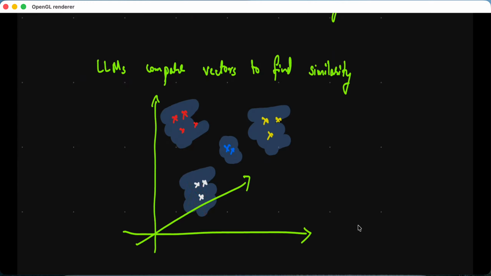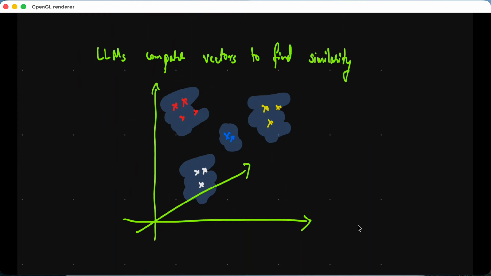So if the distance between two points is small, that basically means they are similar in meaning, or they are closer in one dimension. That is how we arrive at the idea that if two points, let's say x and y, are similar, they are similar in meaning.